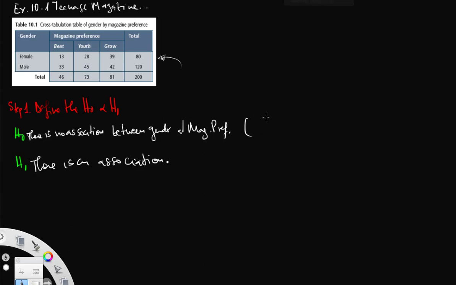Let's look at it. I'll say the gender preference is equal for boys and girls, or males and females, as the same for all the magazine preferences. And here I would say for gender, male and female, there's actually a difference.